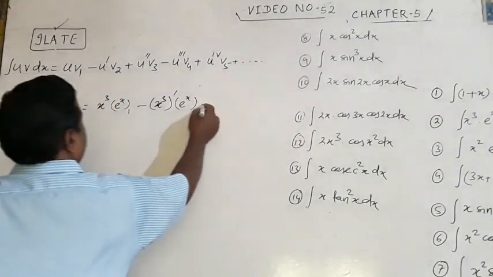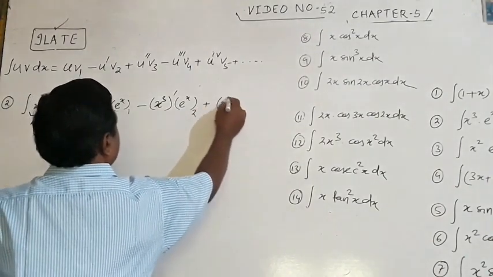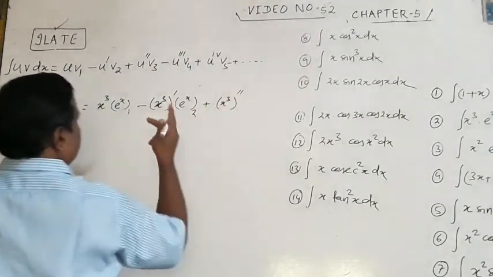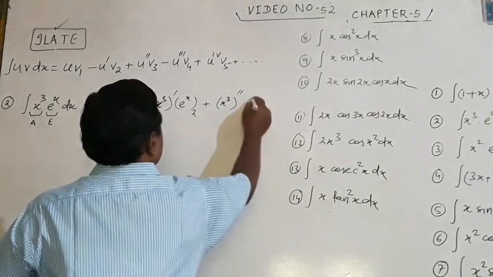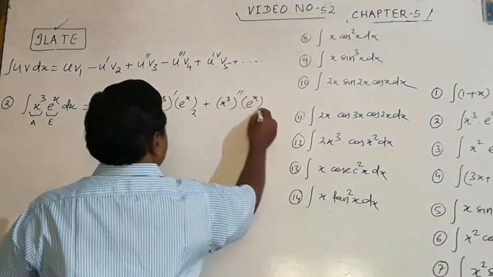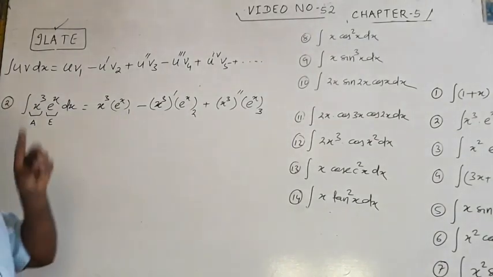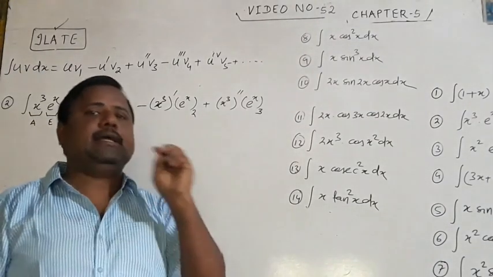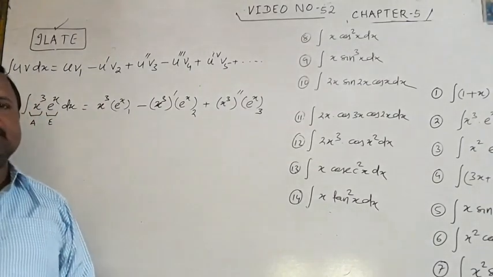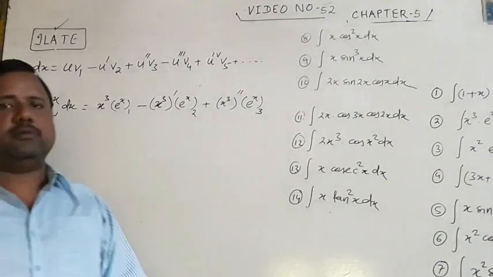Okay? Plus the second derivative of x cube, and the integration of e to the power x three times. And mind it, here the power of x is 3. That means you can differentiate it 3 times. When you differentiate it 4 times, the result will be 0.